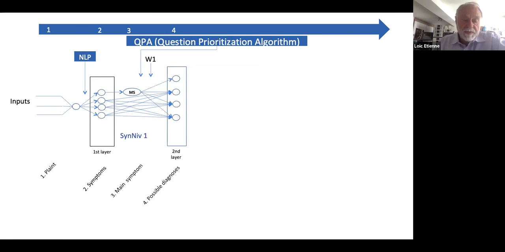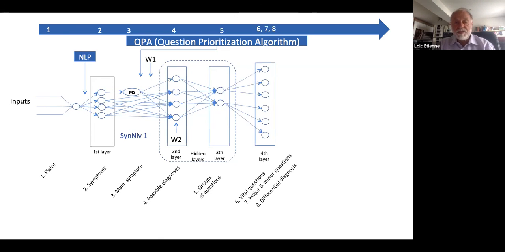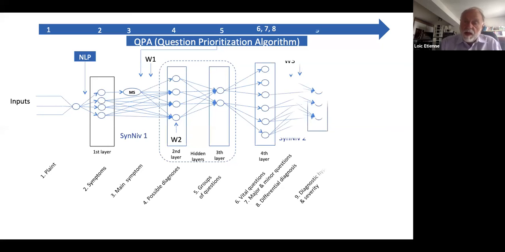In the first synapse, it calculates the possible diagnoses that are connected in the second layer. The group of questions solicited are in the third layer. And from 6 to 8, in the first layer, are the questions that are the most important to reach the most probable diagnosis. The diagnosis, hypothesis, and severity is calculated in the second synapse.